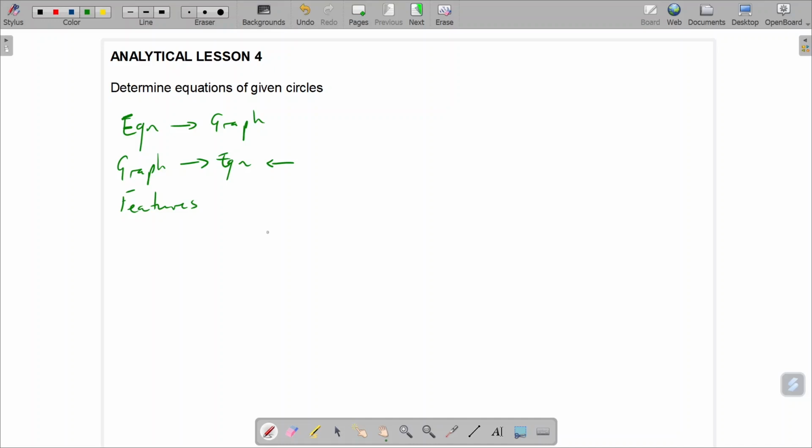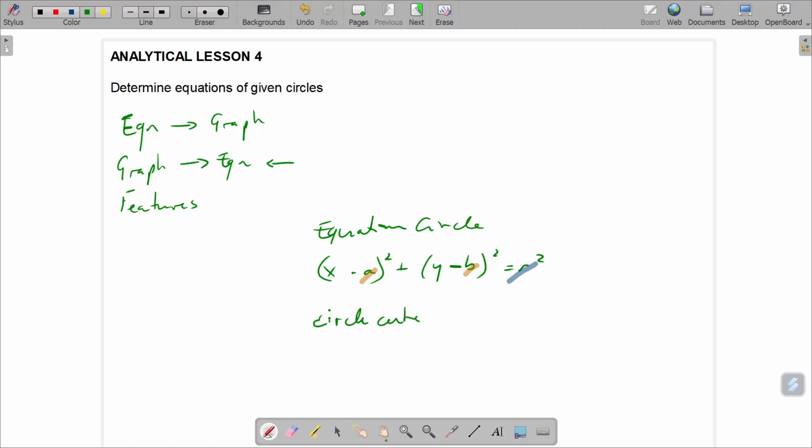Firstly, remember that the equation for a circle is (x minus a) squared plus (y minus b) squared equals r squared, where the two key concepts are that the circle center will be (a; b), and that the radius of the circle will be r.